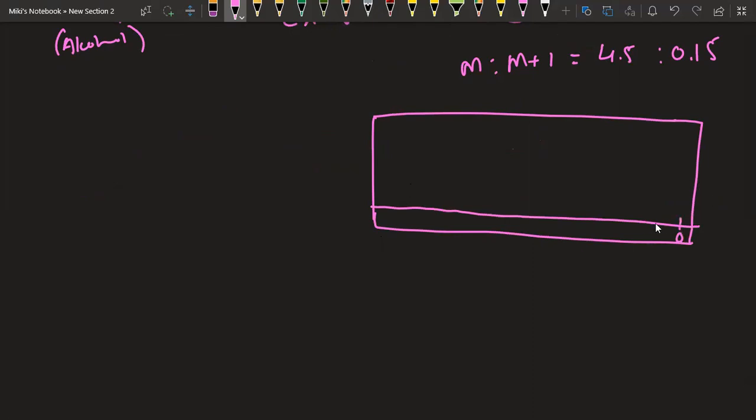Let's say this is 0, 1, 2, 3, 4, 5, 6. And we had a triplet in this region. We had, most probably, a quartet in this region. Quartet in this region.